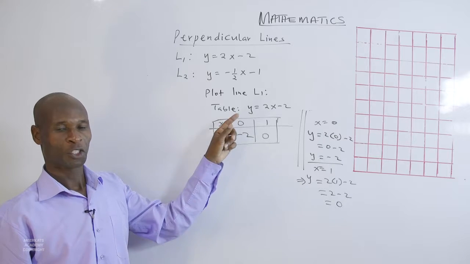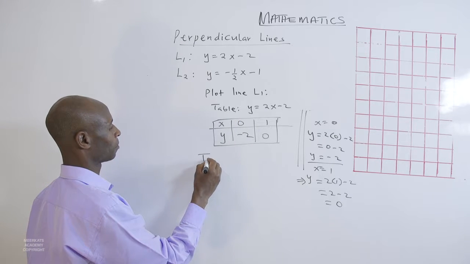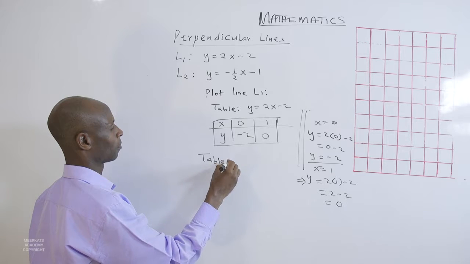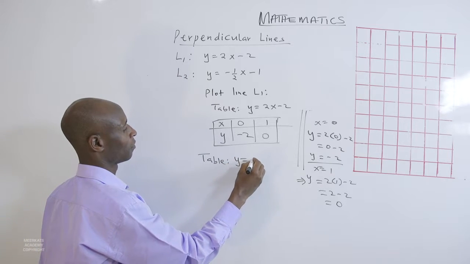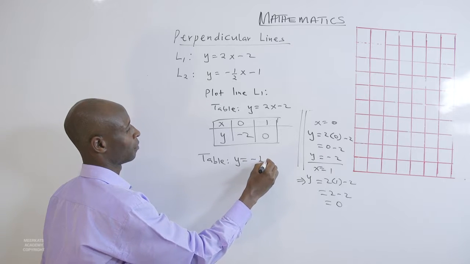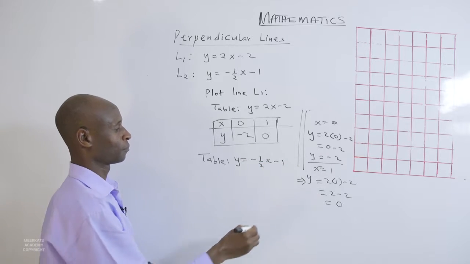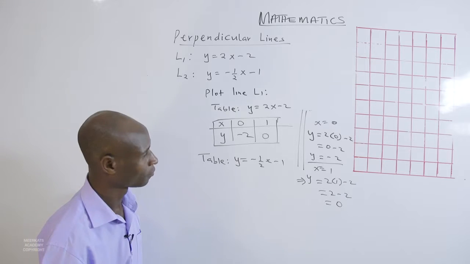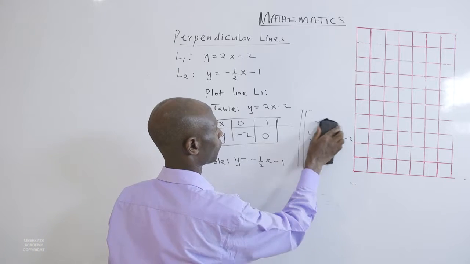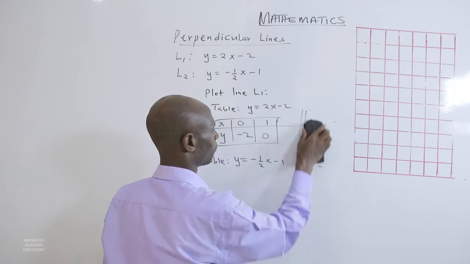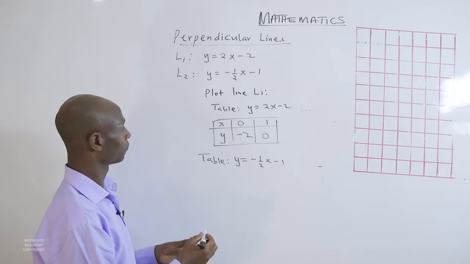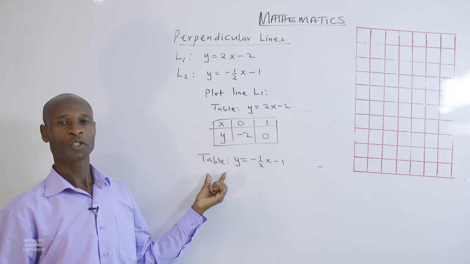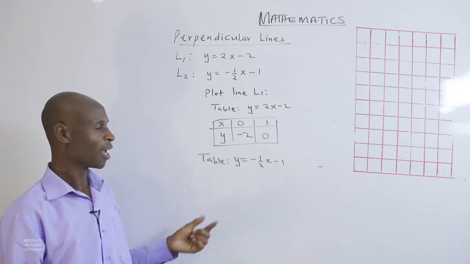Then we go for table 2, for line 2. Again, for line 2, we introduce a table of values.